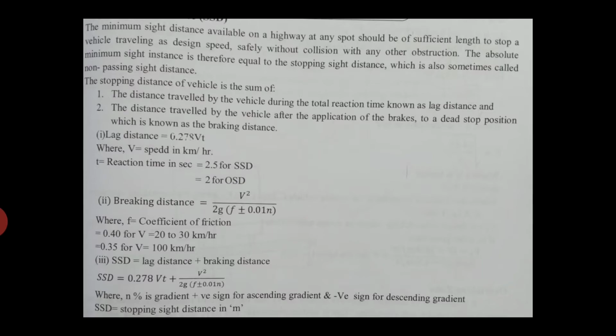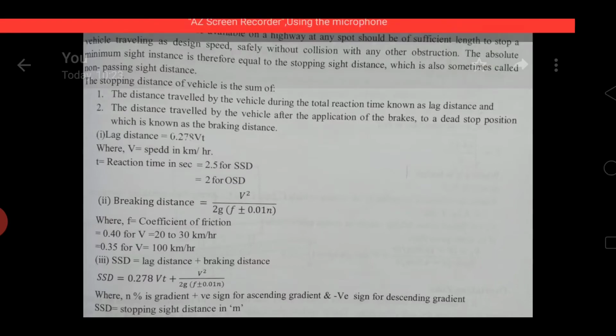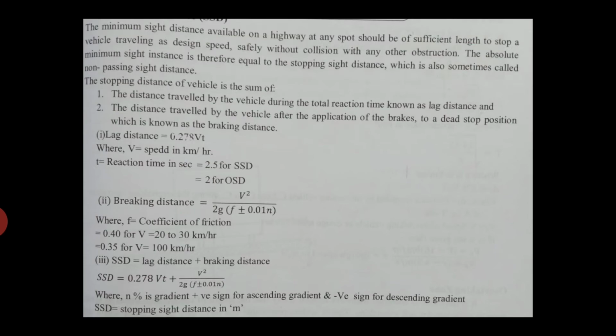As it is in momentum, it will travel a certain distance immediately after application of brake. That distance is called the braking distance, which is equal to v squared, directly proportional to the velocity of the vehicle and inversely proportional to the coefficient of friction between the tire and the road surface.